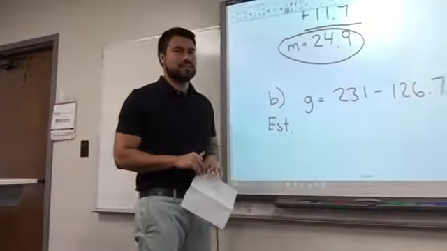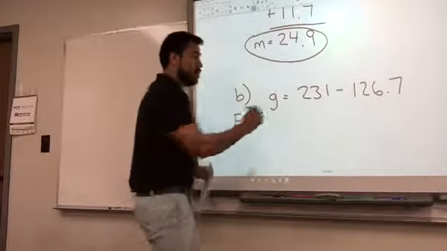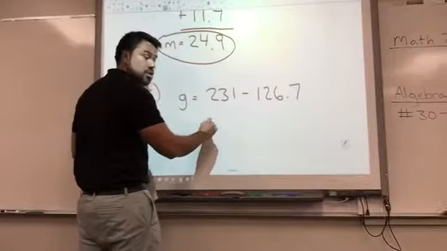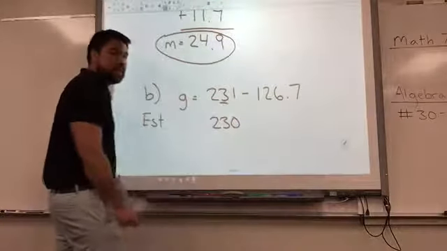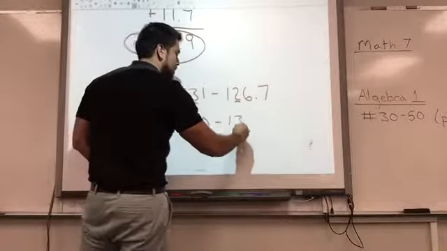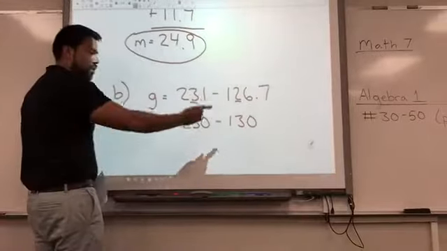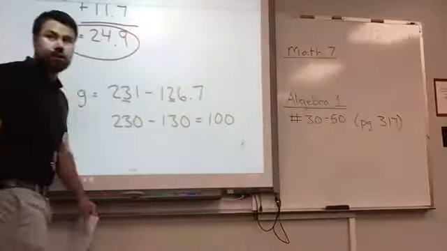I would do the first one 230. Okay, to 230? Yeah, 230. That's right, 230, and you're rounding it to the nearest 10. And then the second one would be 130. 130. So you're rounding it to the tens. And what's 230 minus 130? 100. So shouldn't my answer be close to 100?